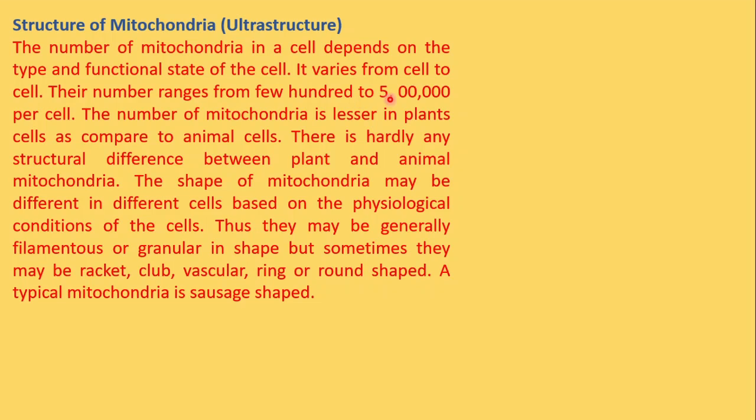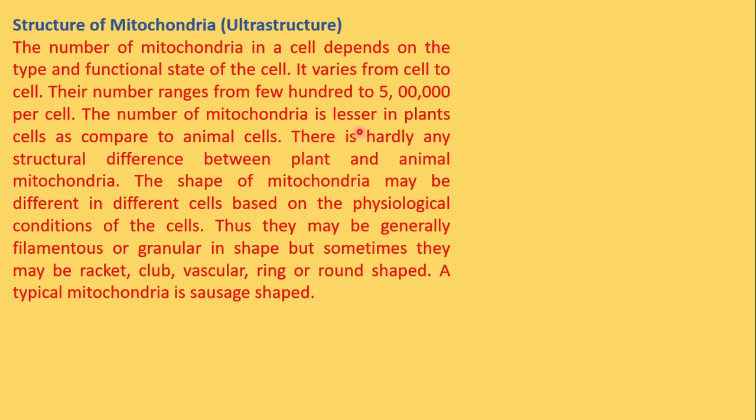So the number of mitochondria per cell varies from cell to cell, and the range may be a few hundred to 5 lakh per cell. In some cells their number will be a few hundred, and in some cells it may be up to 5 lakh mitochondria per cell. The number of mitochondria is lesser in plant cells as compared to animal cells.